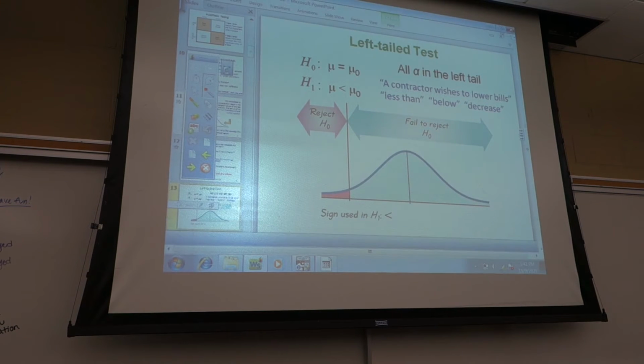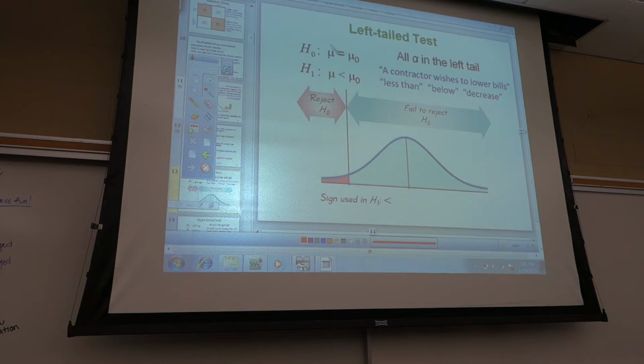So, left tail test. I want people to read this part, then that part. Let's start with Austin. Go ahead. All alpha in the left tail. Contractor wishes to lower bills below a certain degree. And then this part over here.